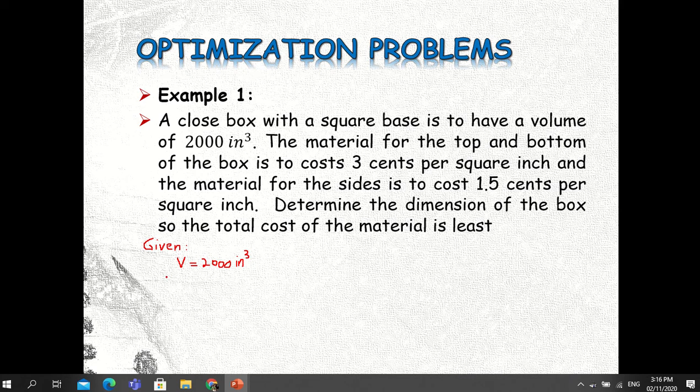And we're given also the cost for the top.